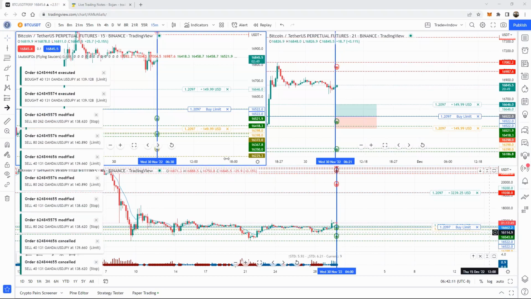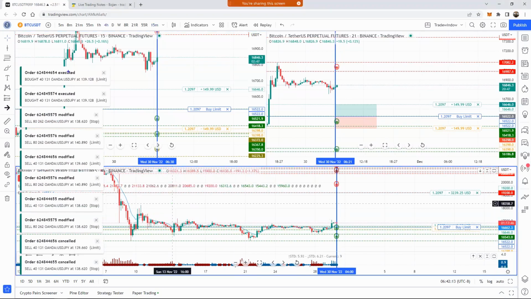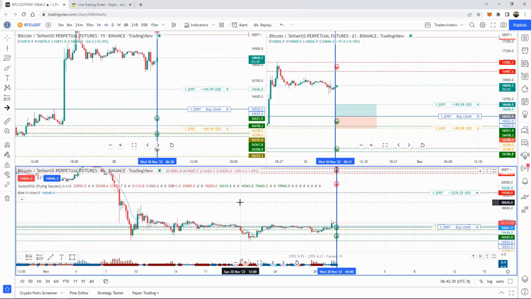Well, see, there it is. You just saw it right here firsthand. Let me freeze this. Order executed. It modified it, gave it the stops and the limits. And then it ended up canceling my T1. That's TradingView though. If you're trading it with a real account on TradingView, it may be the case.